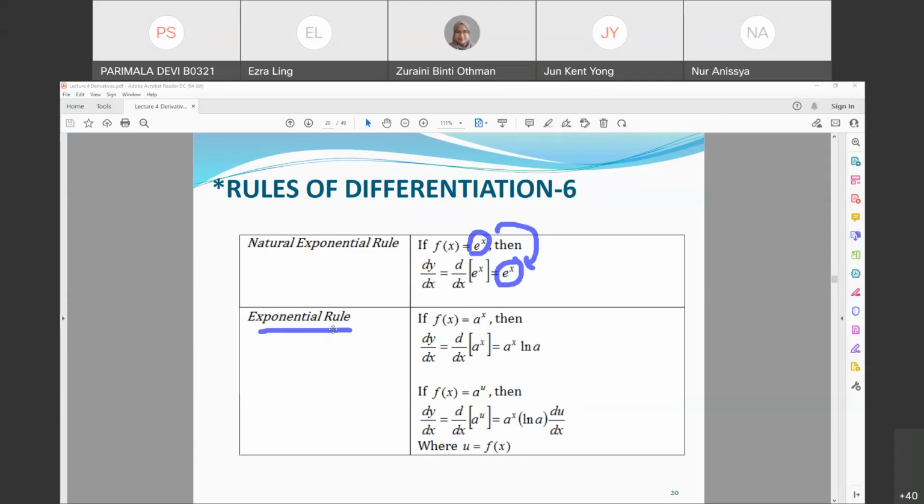But if we have exponential like this, bila kita ada 5x campur 1 kuasa x. Okay, nampak tak? X dekat atas. We have to use this rule. Okay, dekat sini AX, di mana jawapan akhirnya akan jadi AX ln A.